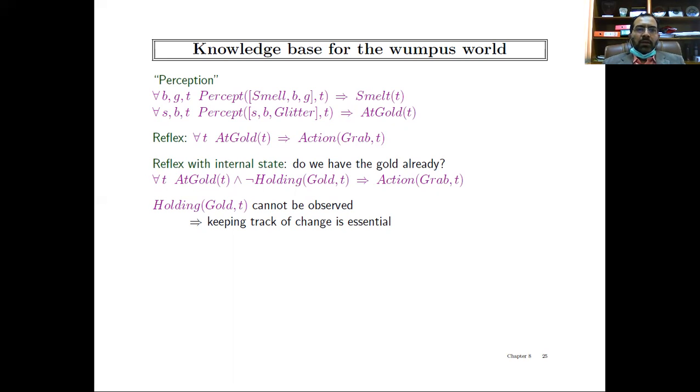So for all, B represents the breeze, and let's suppose G represents the gold, and T is the given time.